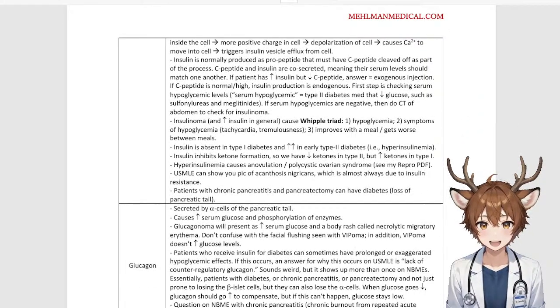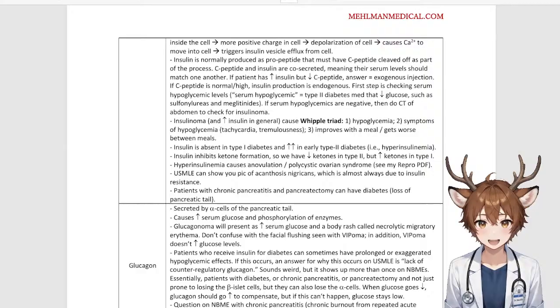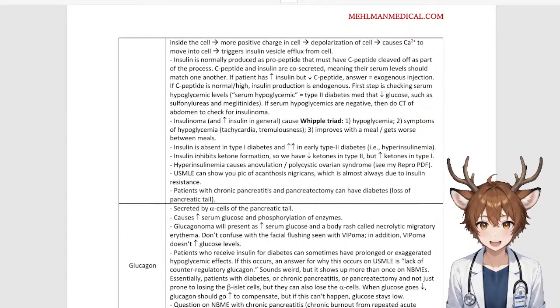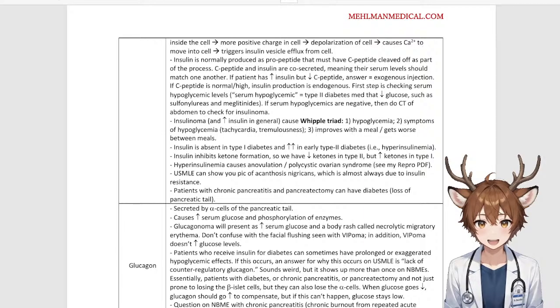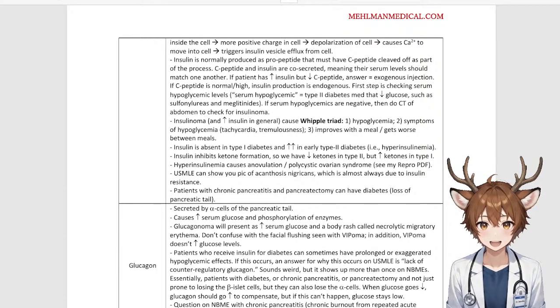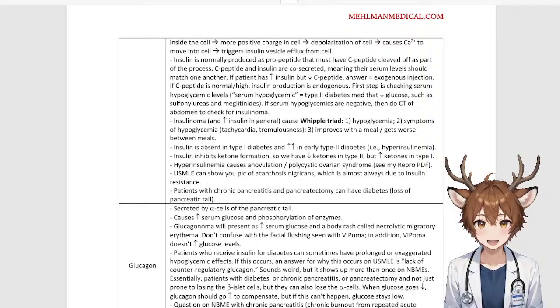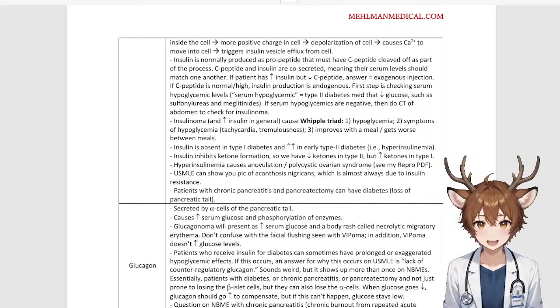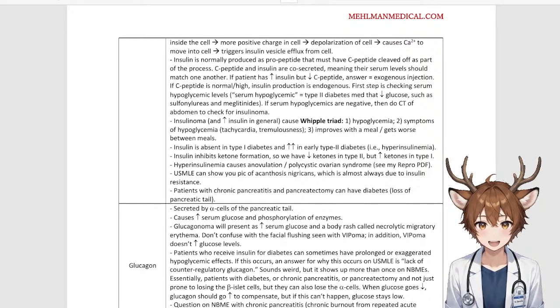Now, insulin is normally produced as a propeptide that must have C-peptide cleaved off as part of the process. C-peptide and insulin are co-secreted, meaning their serum levels should match one another. If the patient has an increased insulin but a decreased C-peptide, the answer would be exogenous injection. If the C-peptide is normal or high, insulin production is endogenous. Make sense?